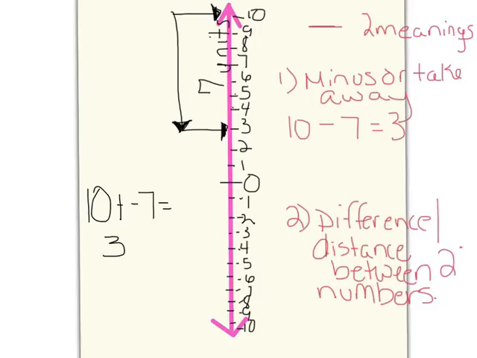The way you could show that on the number line is, I'm going to switch colors here for a second, you take your arrow and move up 10 units, and then you go back 7 units, you're going to take away the 7 units, and you end up at 3. Okay, all right, let's go ahead and go to our next example.